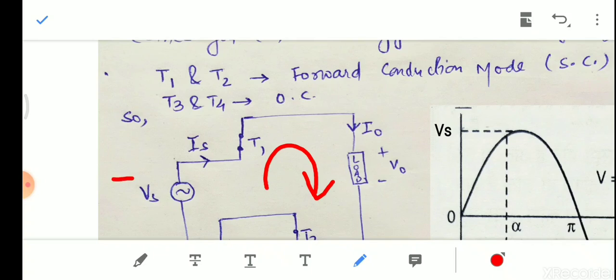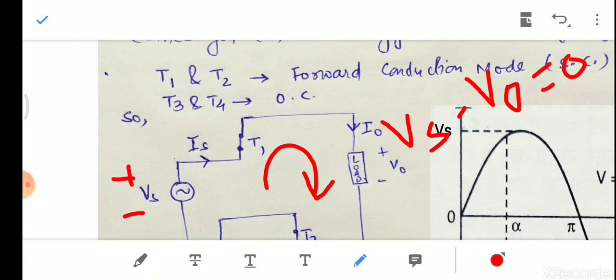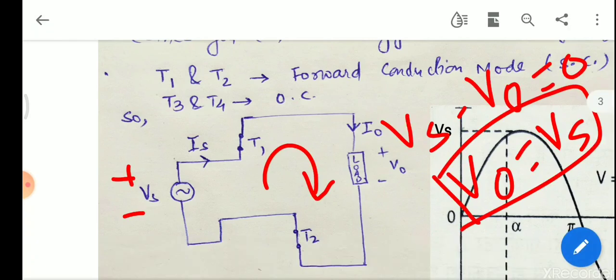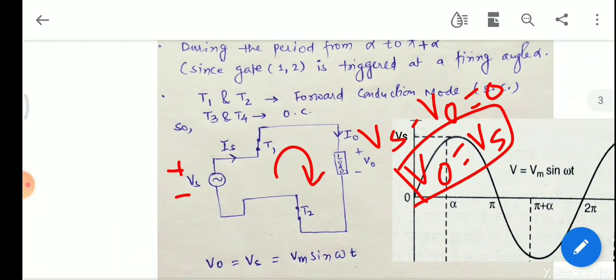Okay, so the output voltage will be, how much? It will be equal to Vs, that is Vm sin omega t. Okay, so from alpha to pi plus alpha, the output will follow the input.